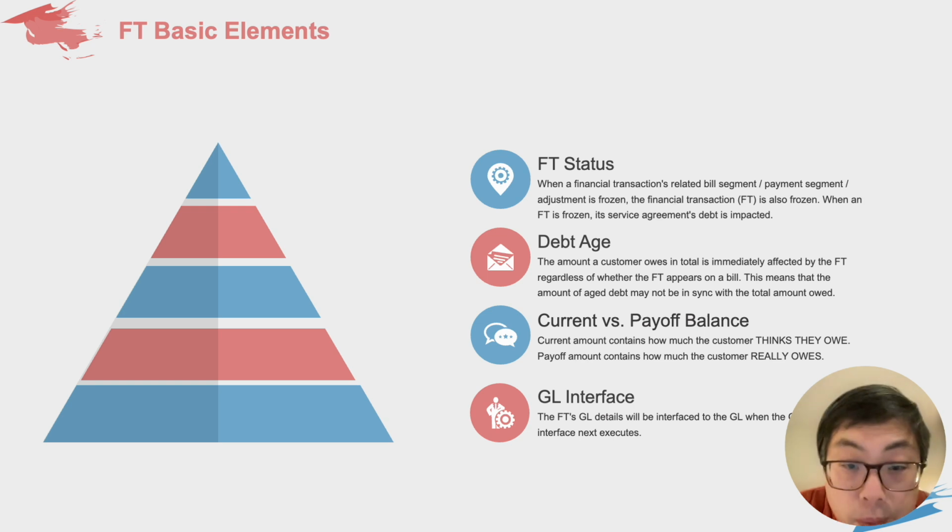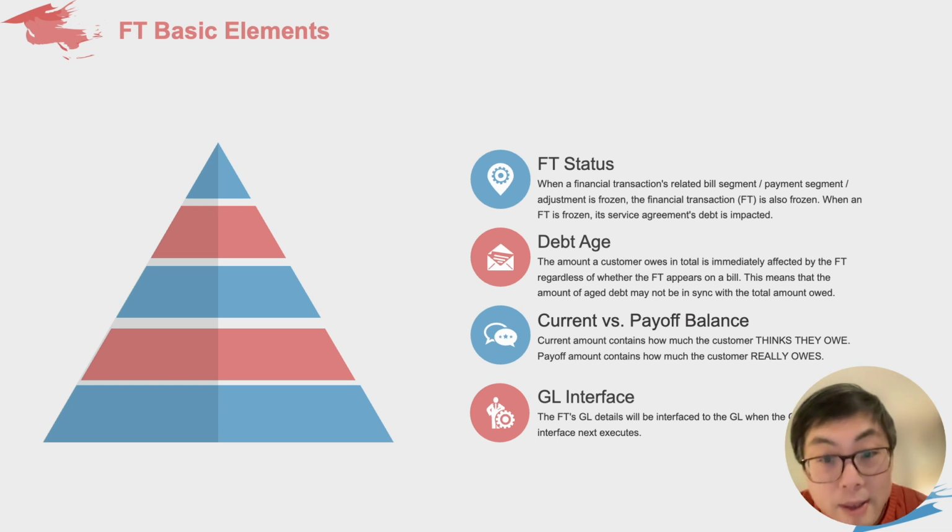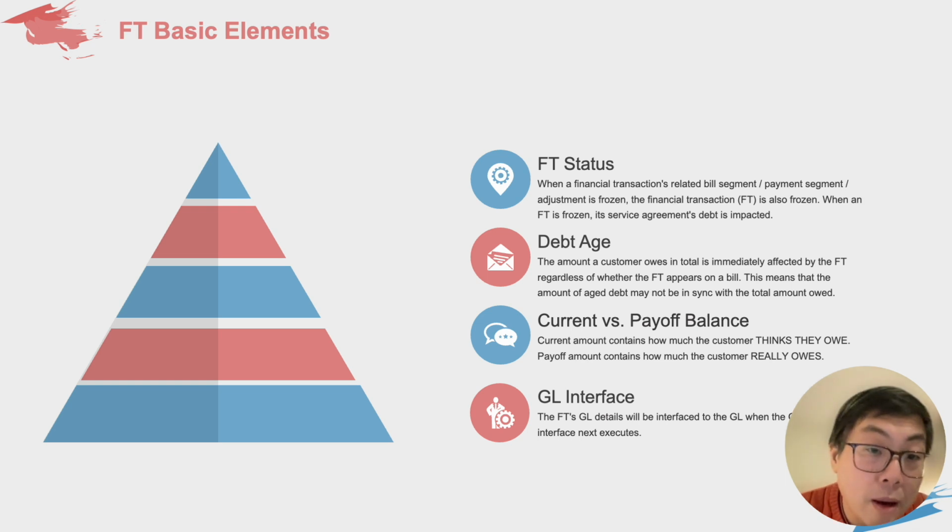Within the first year, your current amount is 10,000 pounds, but your payoff amount is 40,000, because if you don't pay it off, the car is not yours. But at the moment, you only need to pay 10,000. Second year, same thing, 10,000 in terms of current amount, but your payoff amount reduces to 30,000. So in that case, you can understand the difference.